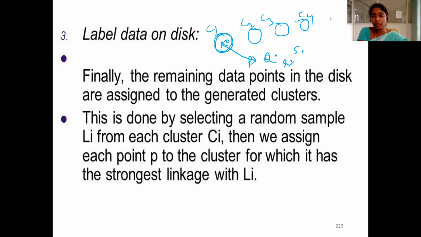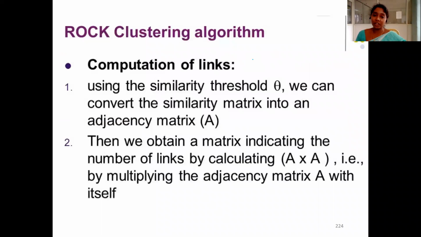If it is similar to this point, you can assign P to this cluster C1. Similarly, you take a random point from each of the other clusters, not the centroid or some other specific point. You calculate the similarity between this particular point and all the random points chosen from the clusters. Based on which value is most similar, P is assigned to that cluster. Similarly, for each other point taken from the disk, the same procedure is followed. Like this, the ROC algorithm assigns the data.